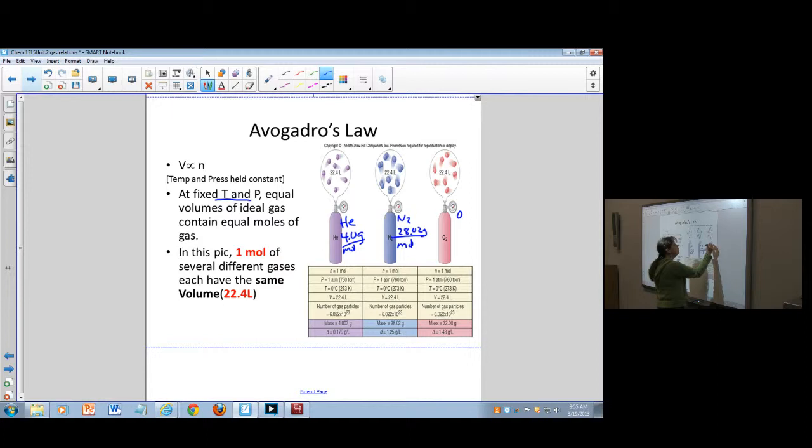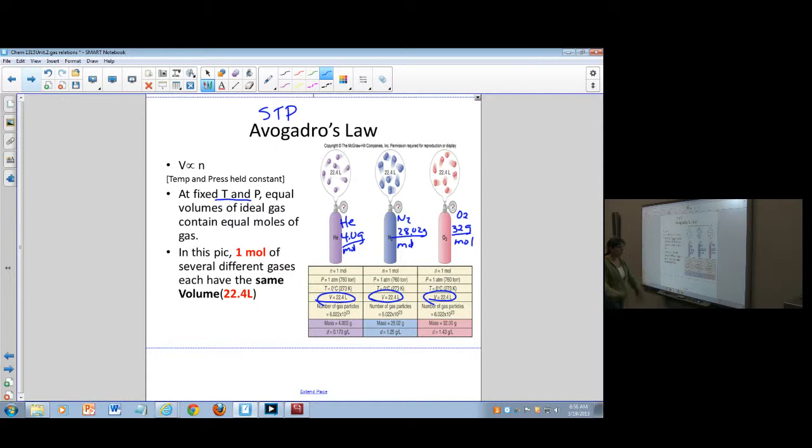O2 over here is 32 grams per mole. That doesn't seem to make any difference, because as long as I have 1 mole of whatever the gas is, the volume at something called STP, which we'll talk about in just a minute, is always 22.4 liters.